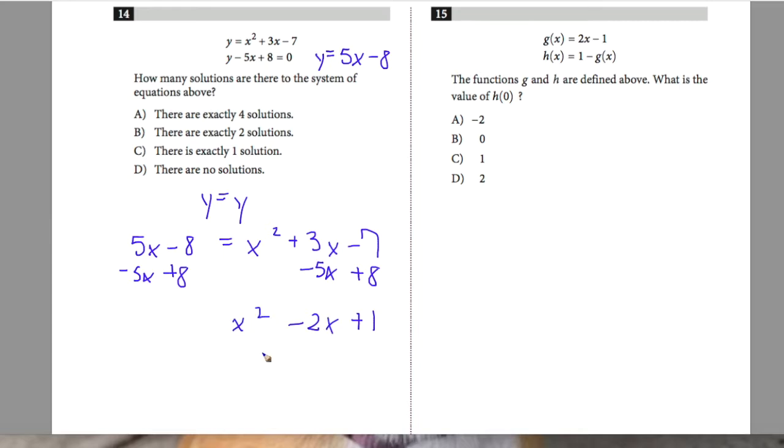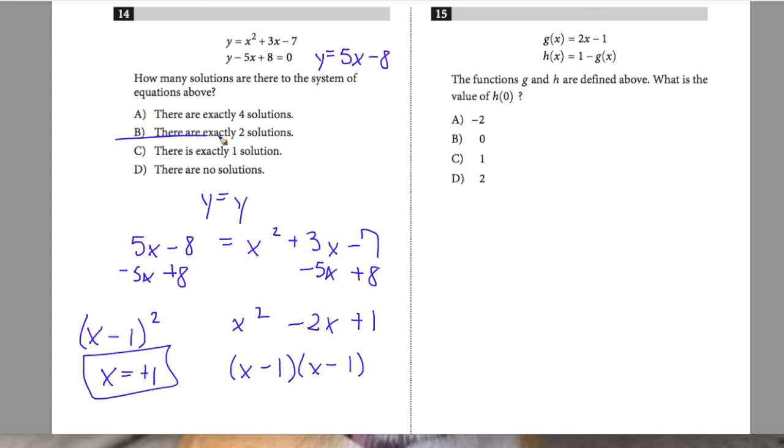Here I have my x squared minus 2x plus 1. Well, I see I can factor this to be x minus 1, positive being on the end, so I'm a negative times a negative. This gives me x minus 1 squared, which is a solution here, which means that when I do x minus 1, that is one primary solution, so C is my best possible answer.